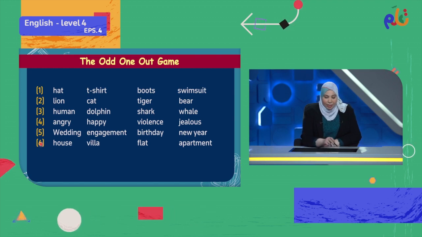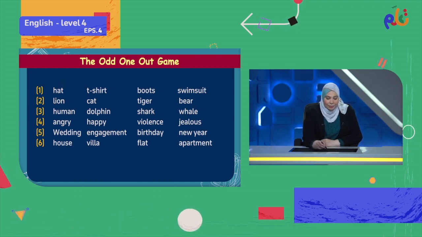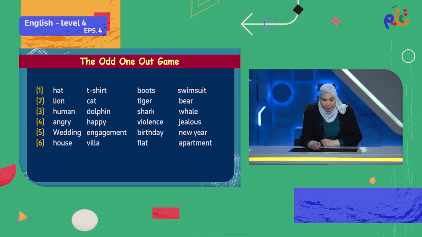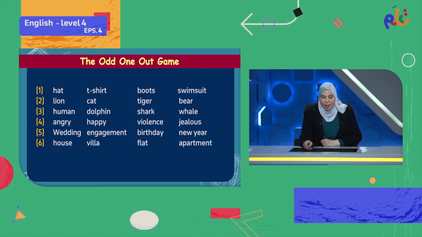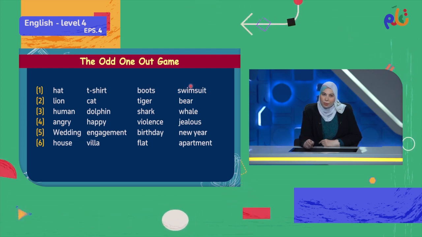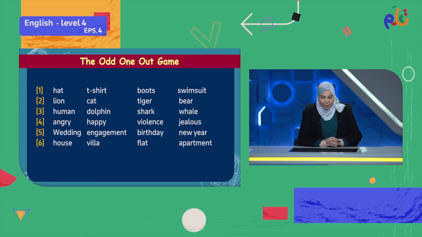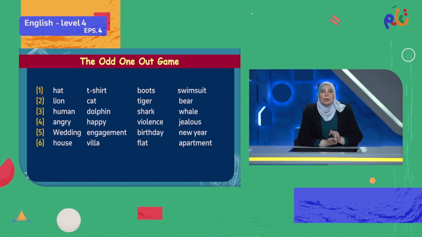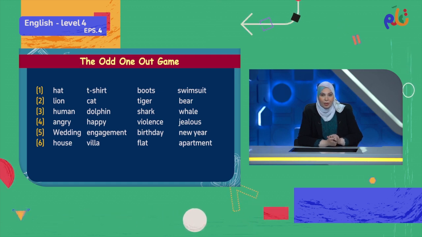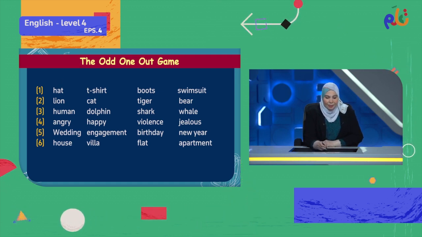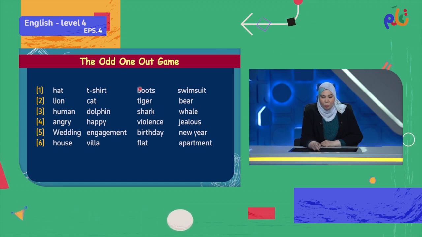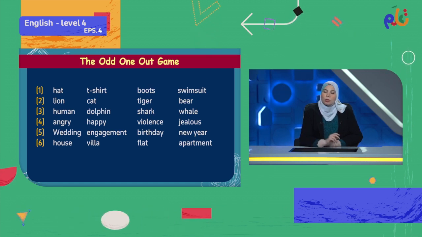The first group of words includes hat, t-shirt, boots, and swimsuit. So if we have these four words, which one do you think would be different? So hat, t-shirt, boots, and swimsuit.